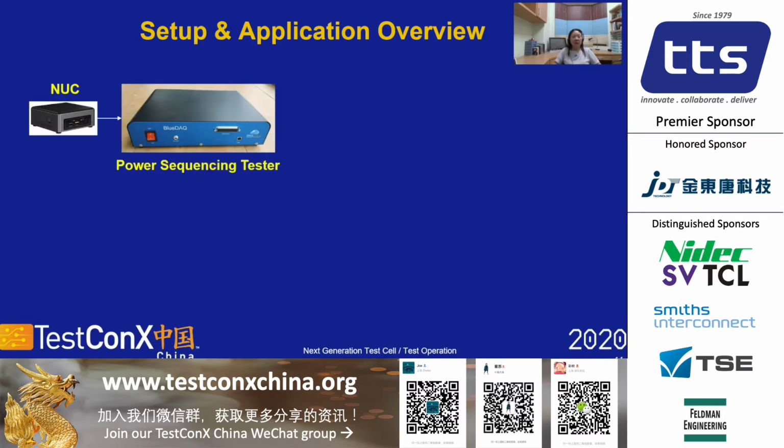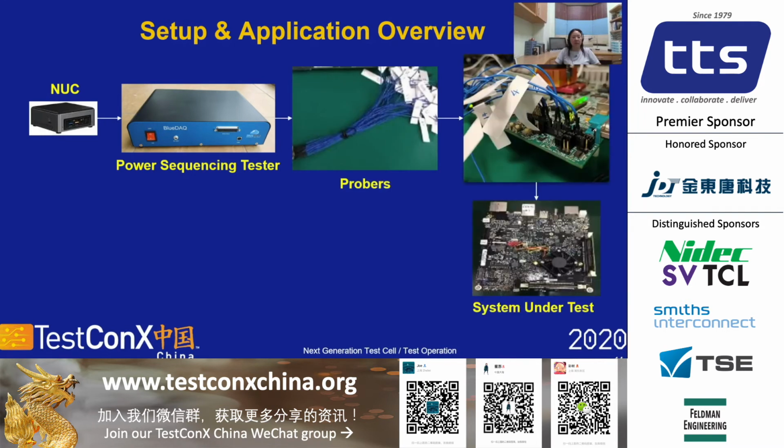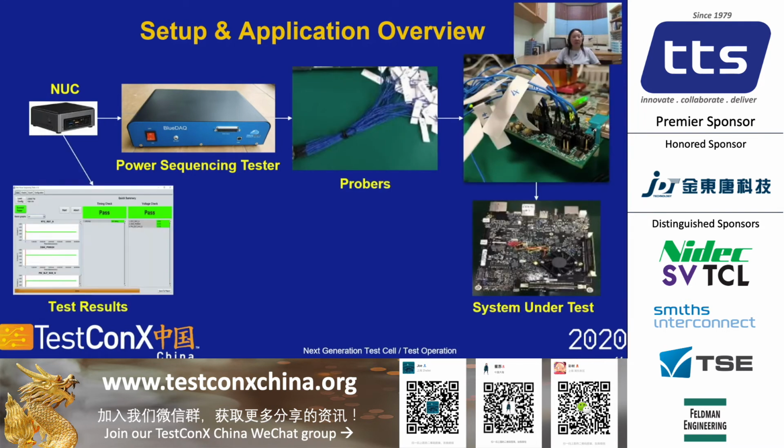Then let me show you how we set up the power sequencing tester. It all started with a small NUC that connects by USB to the power sequencing tester. From the power sequencing tester, there are probes.